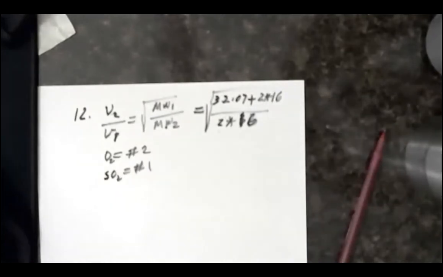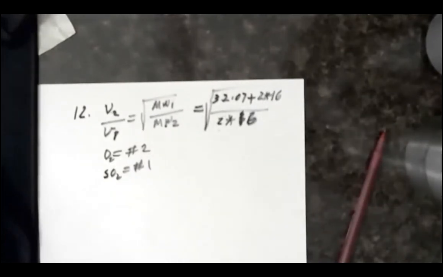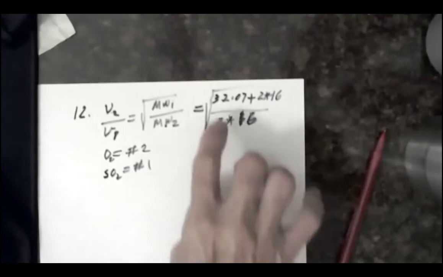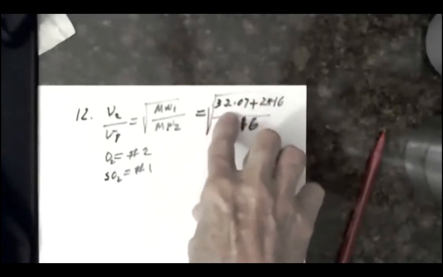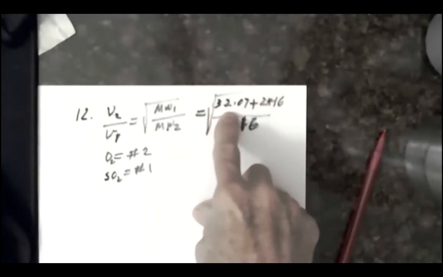So let's do the math to get that other side. All right, so we got 32.07 plus 2 times 16. That's 64.07. And divide by 32. And now this actually comes out to be almost exactly 2.